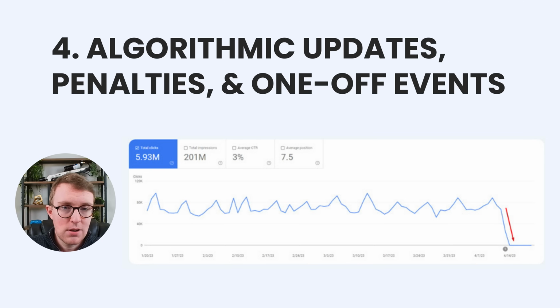But this is a good example, just in that, if you're wondering whether it's an update or a penalty, you can always check in your Google Search Console under security and penalties and see if you have a manual action for either. If not, it's typically something algorithmic, or you might have a problem with your data integration.